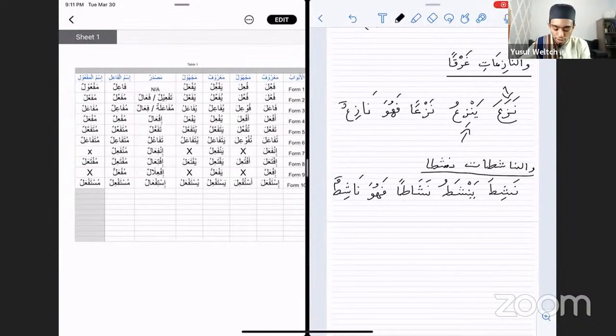So you don't have to memorize all the root nouns for every word for form 2 to 10. All you have to do is memorize the pattern, whereas form 1, you just have to know it. This word is the root noun is this word, and that just comes by being accustomed to words.